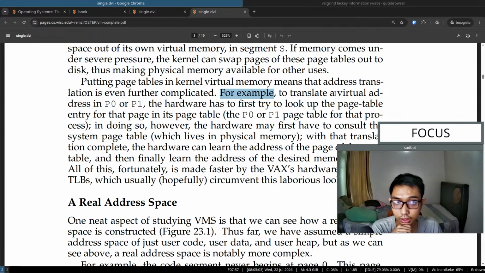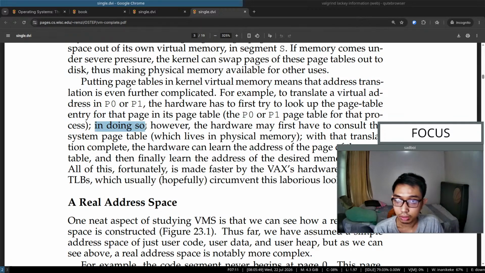For example, to translate a virtual address in P0 or P1, the hardware has to first try to look up the page table entry for that page in the P0 or P1 page table for that process.